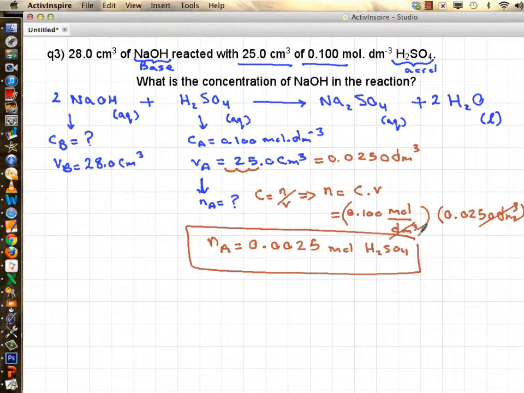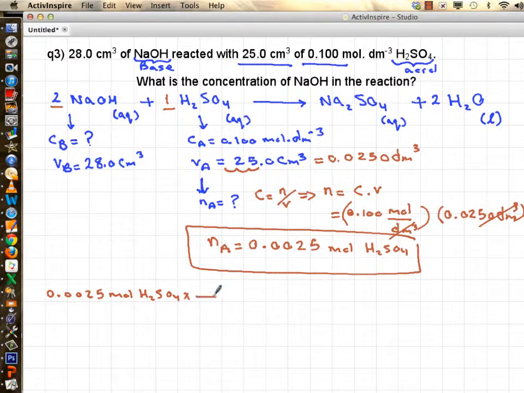Now the next step is I need to go after the balanced equation, which is 1 to 2, to find moles of NaOH. It's twice as much. You can multiply it through. Once you have that, then divide it by the volume. Of course, change it into decimeter cube. So I start with 0.0025 moles of H2SO4.